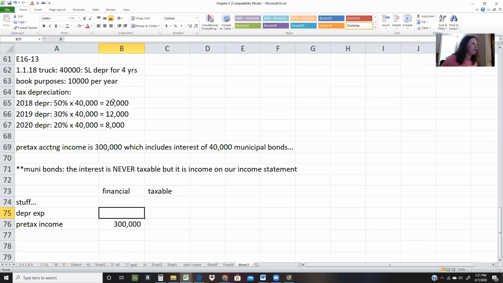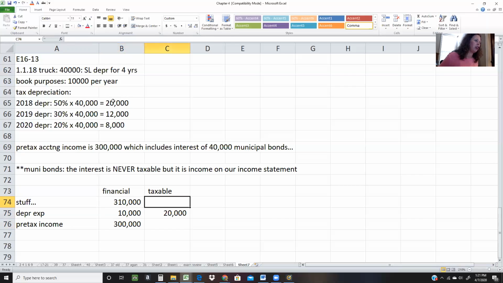My book tax difference on here is financial of 10 and taxable. And am I doing 2018? I guess I should check because I don't know. Yep, 2018. So 2018 for tax purposes is 20,000 of depreciation. So something minus 10 is 300, so that would be 310.